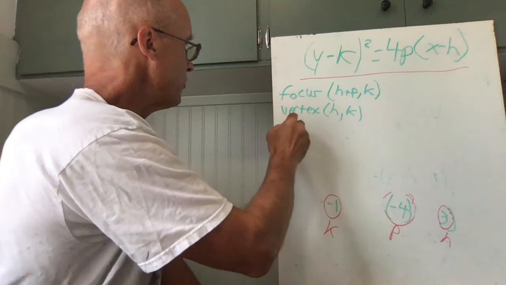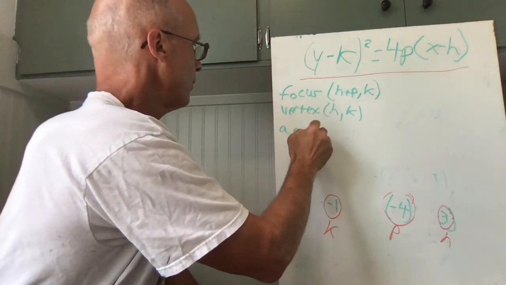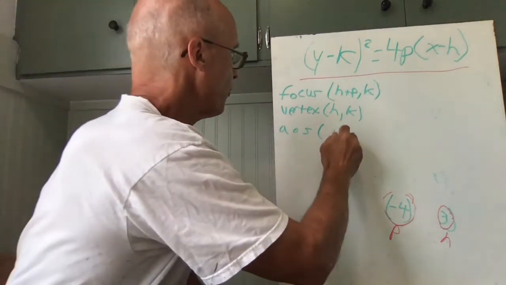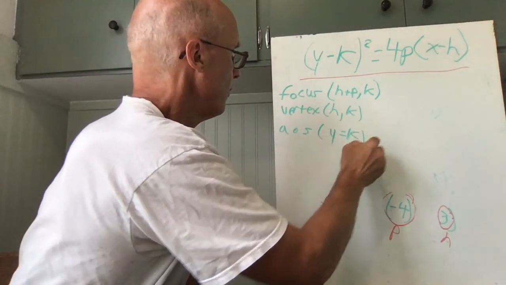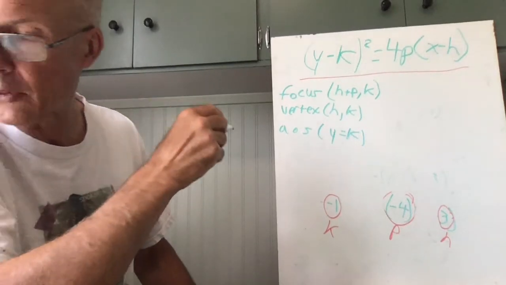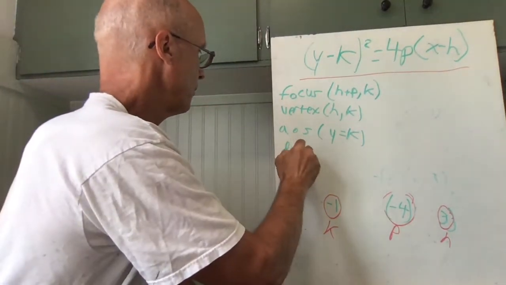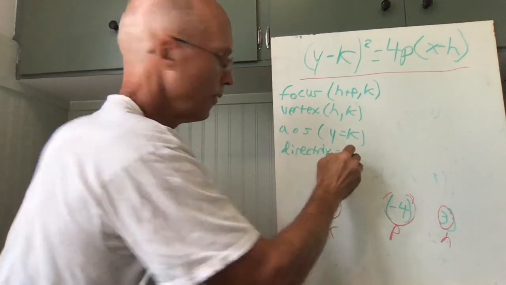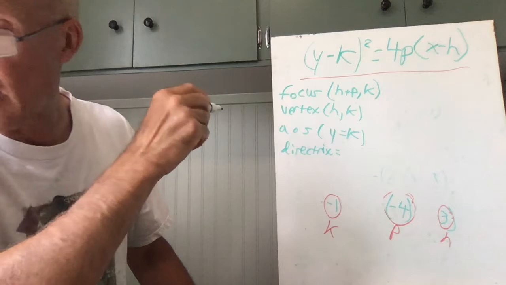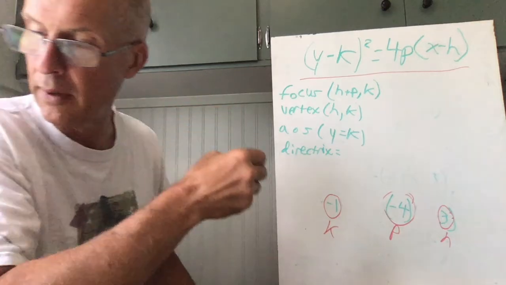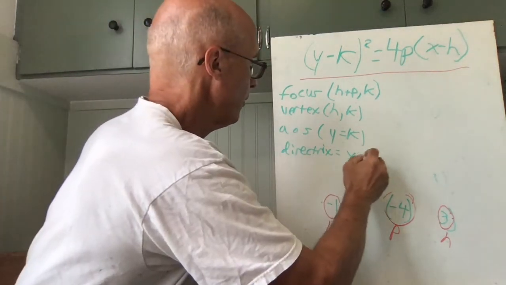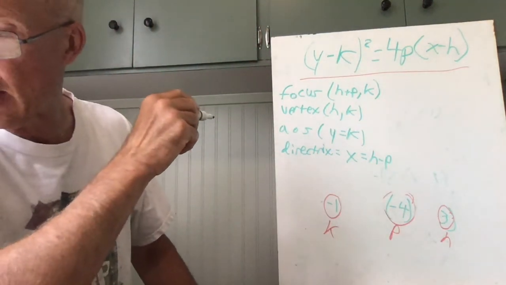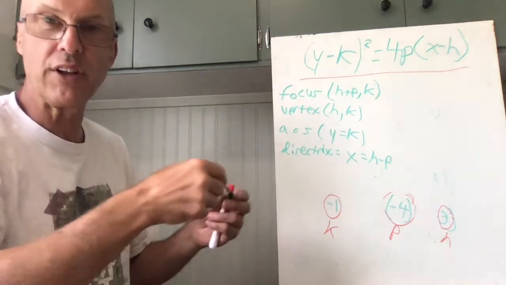The axis of symmetry is going to be y equals k. The directrix is going to be, I don't have these memorized right now, x equals h minus p. Let's just leave it at that for now, okay?